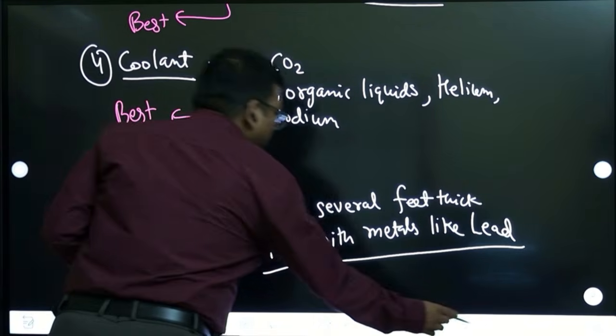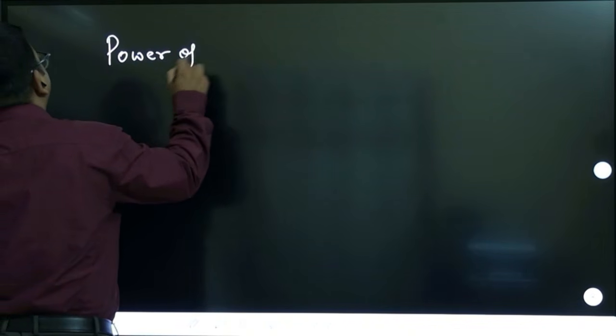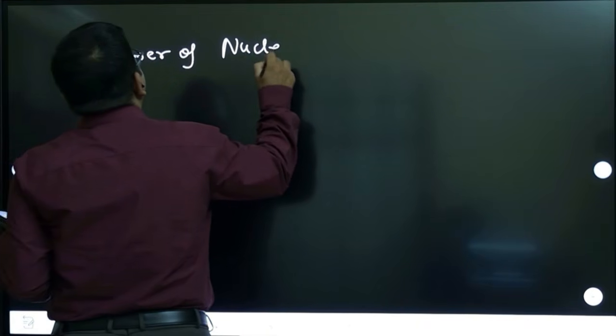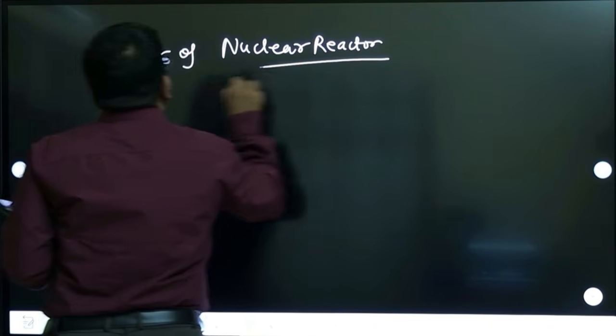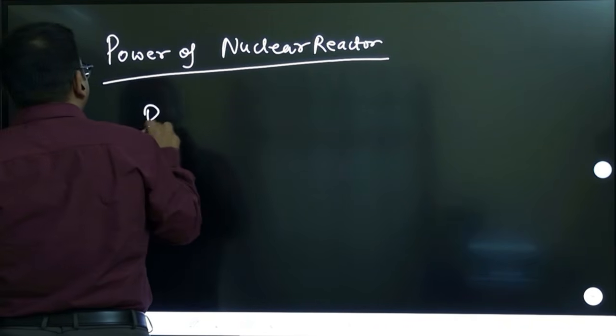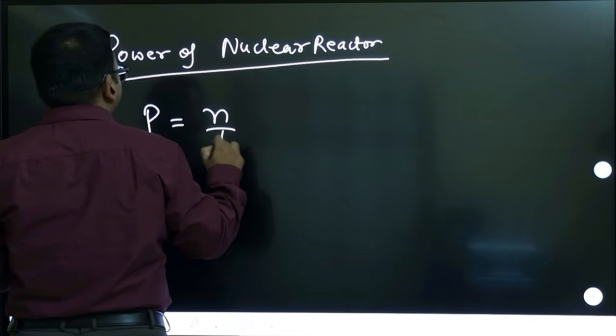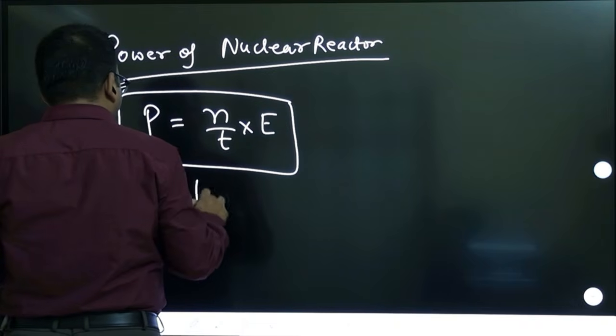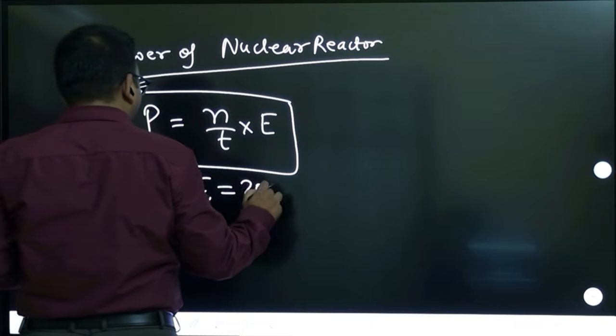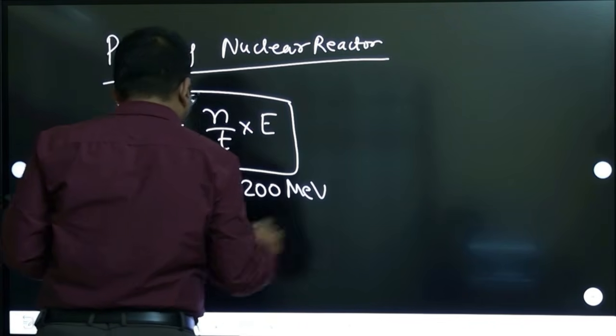Then the last here is power calculations, which is very important. Power of a nuclear reactor is calculated as N by t into E. Here E is 200 million electron volt.